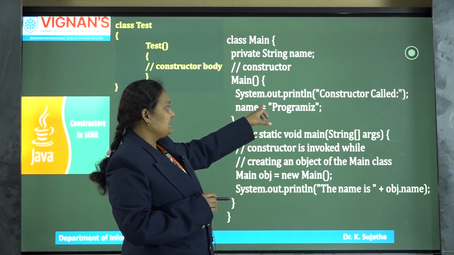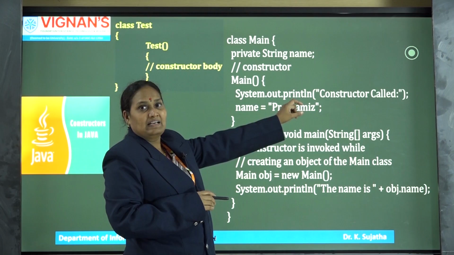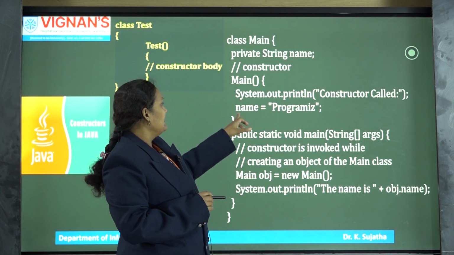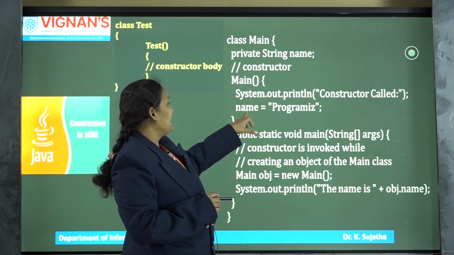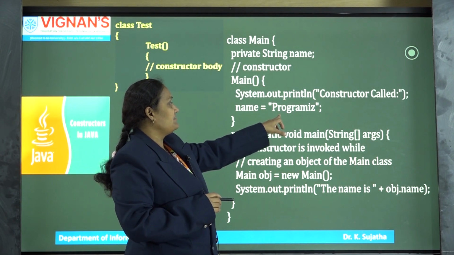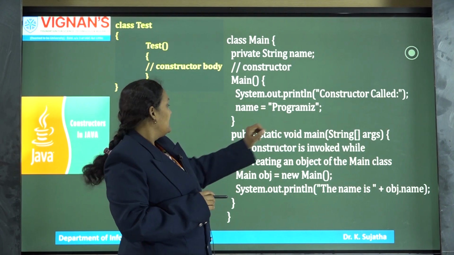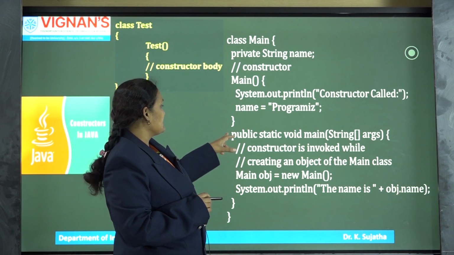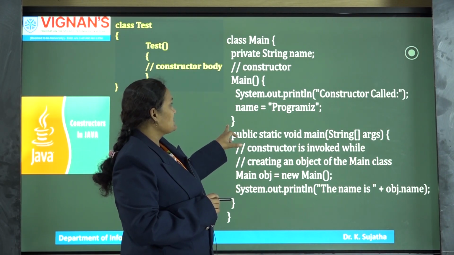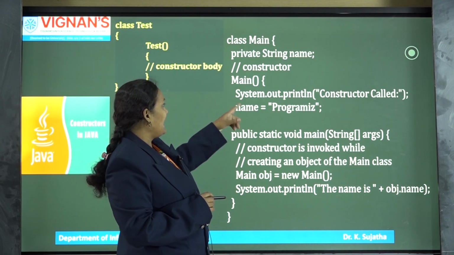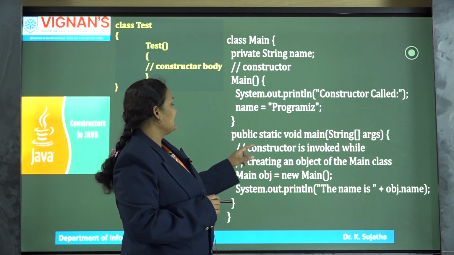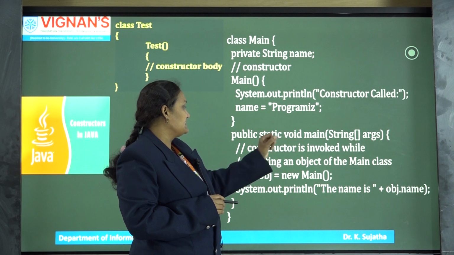The first statement is a print statement, which prints the text "Constructor called", and then I have taken the variable name, to which I have assigned the value "Programmer". Next, I closed the constructor as well as the class. After that, I want to invoke this constructor. For invoking that constructor, here I have taken the main method.